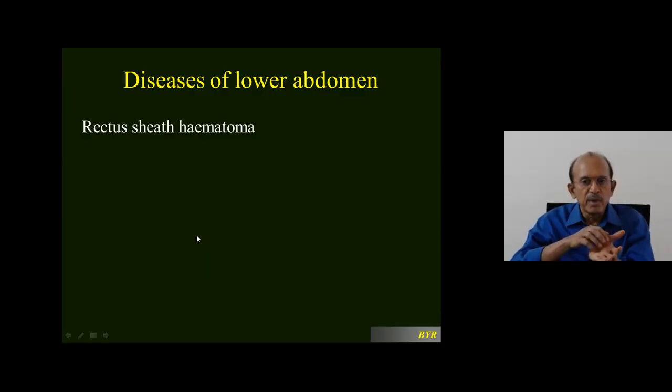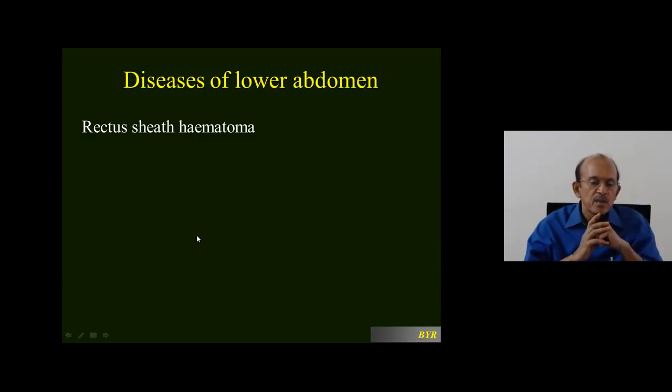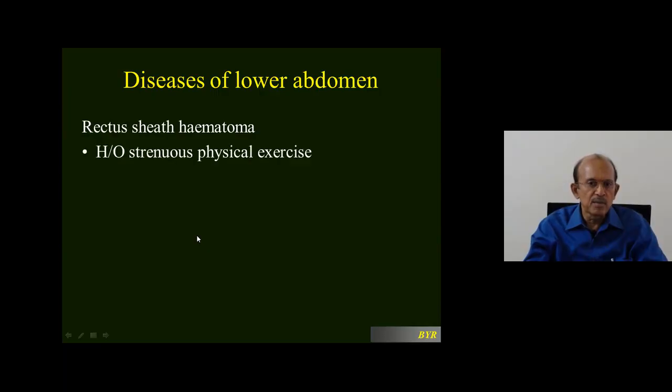In that case, the inferior epigastric artery, which goes in the rectus sheath, gets torn because of friction and produces a big hematoma behind the rectus abdominis muscle in the posterior rectus sheath. The acute collection of blood there will produce severe pain. So sometimes you have to differentiate from that condition.